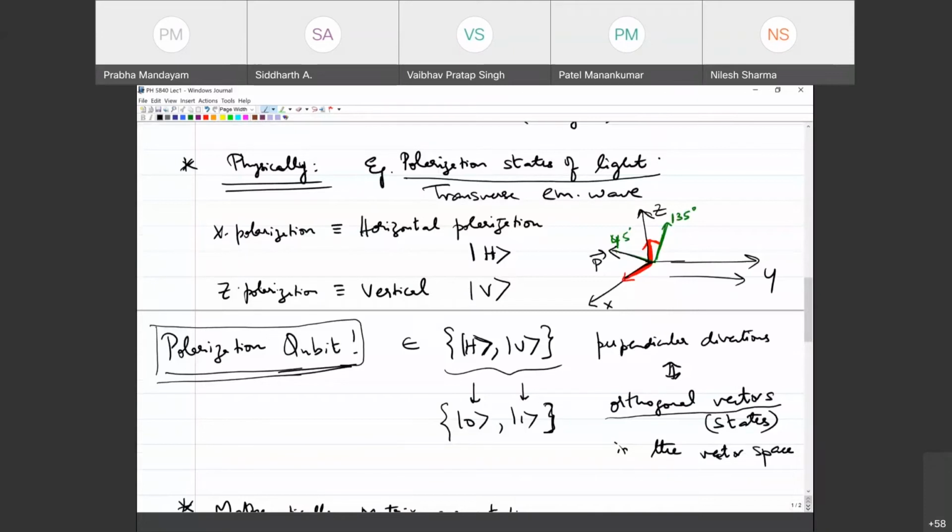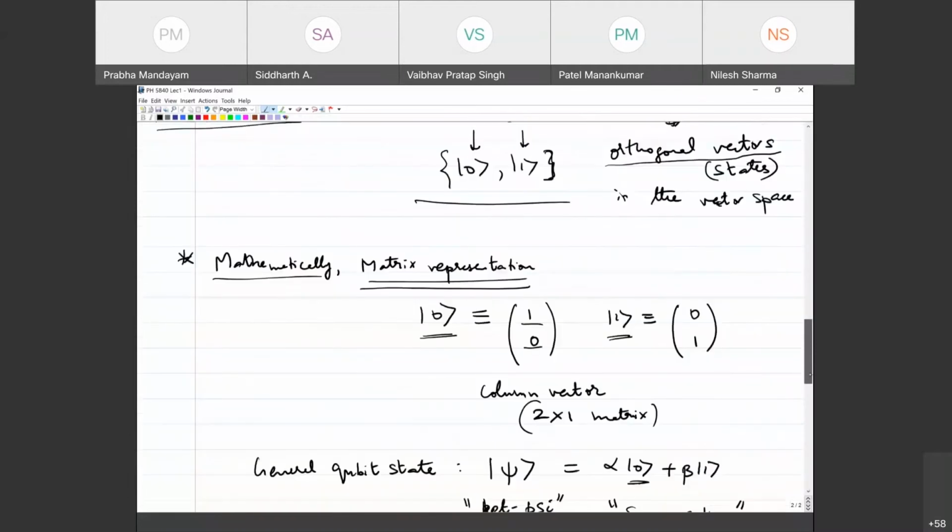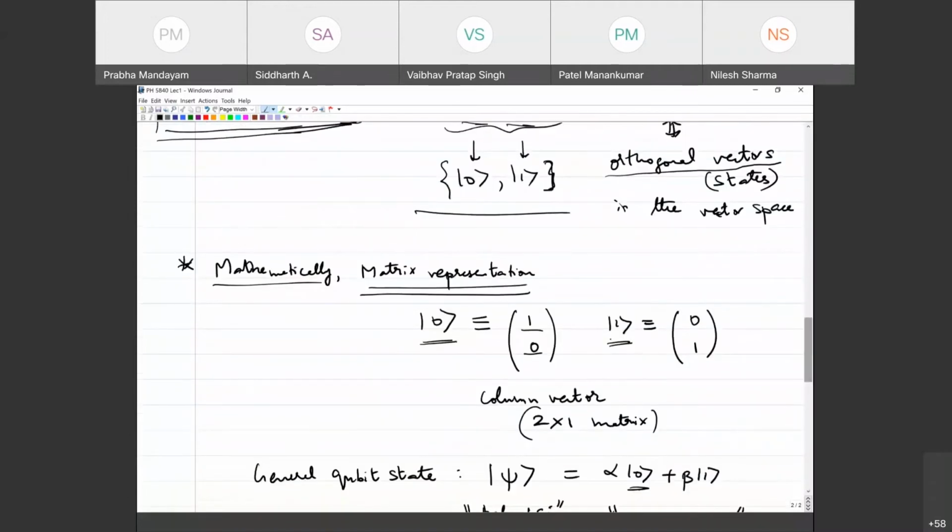This is something we are all familiar with, so it's a good example to think about in terms of polarization states of light, where you have two distinct states and all other states become linear combinations or superpositions of these two states. Mathematically, these abstract kets that one writes down can concretely be visualized as column vectors.